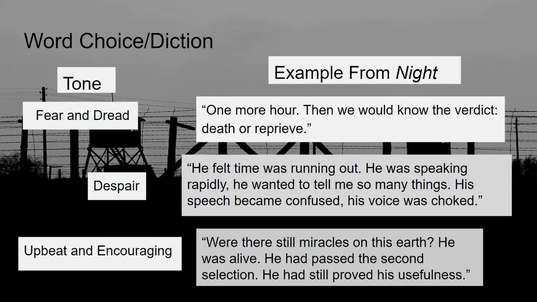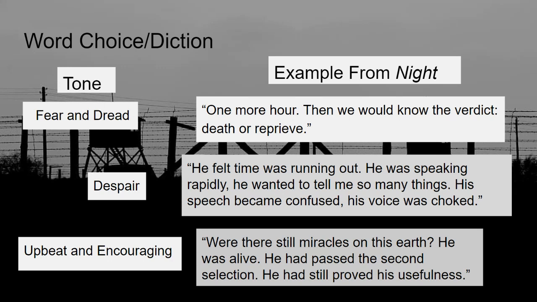From Night, what you're going to see when we look at word choice creating tone. Another word for word choice in the world of literature, which a lot of literary critics or people that analyze literature use, is diction. Diction is just the words that are used. Word choice, or the diction in this piece, is creating tone. I'm taking these right out of the literature. The tone of fear or dread can be conveyed from this passage.